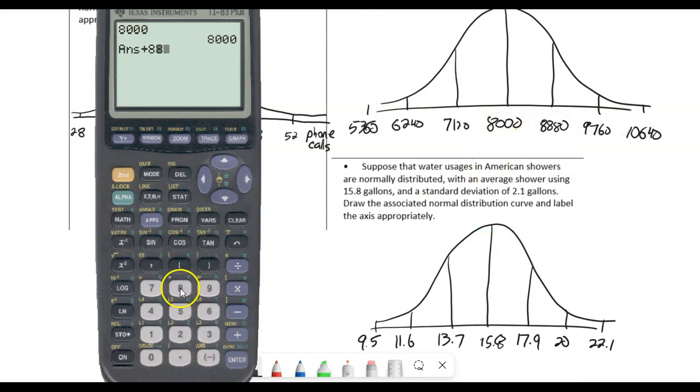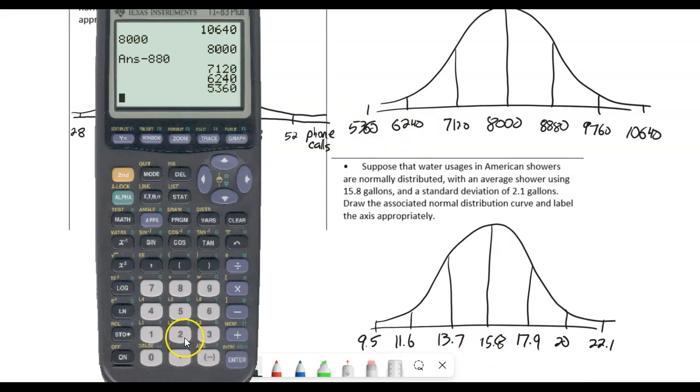If I add 880 and hit enter, that'll get me the 8880. If I hit enter a second time and a third time, I will generate the 3 numbers to the right of the mean. And then going back to the mean, enter, and subtract the standard deviation once, twice, 3 times. That gives you the numbers to the left.